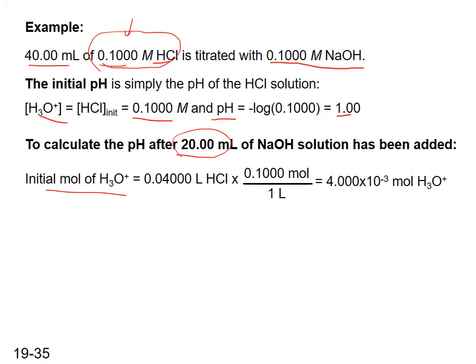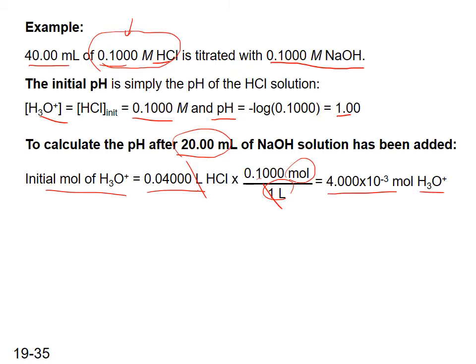The volume is 40 milliliters, which we convert to 0.04 liters, times the concentration, 0.1 molarity. Molarity means moles per liter, so when we write it this way, we can cancel the liters and get the number of moles. That gives you 4 times 10 to the minus 3 moles of hydrogen ion.